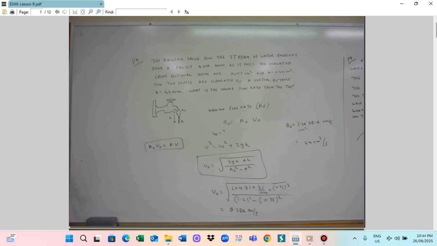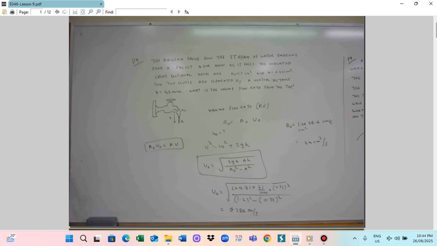And A square, the area already given, is 0.35 centimeter square, so this is 0.35 squared, divided by A0 square minus A square, so 1/2 squared minus 0.35 squared. Therefore we can calculate V0, which is 0.286 meter per second.